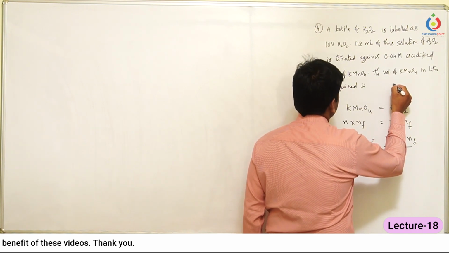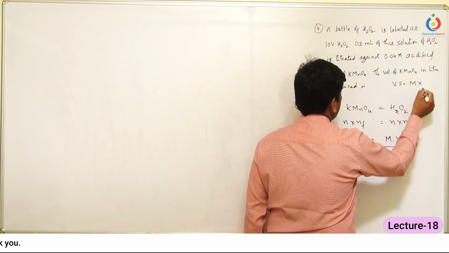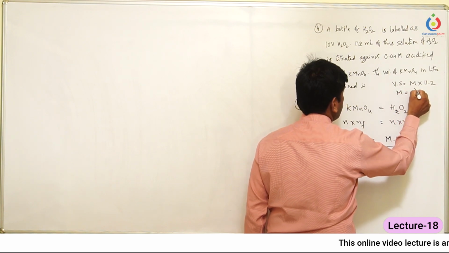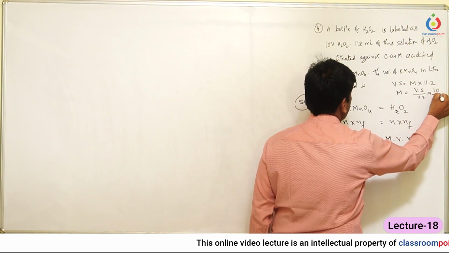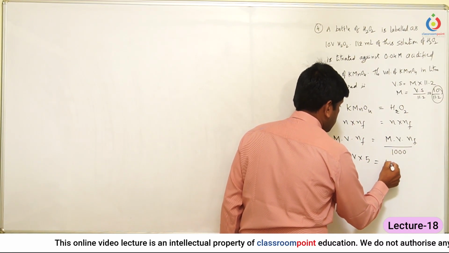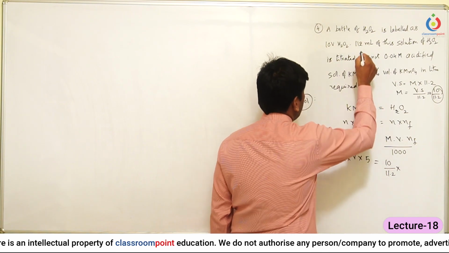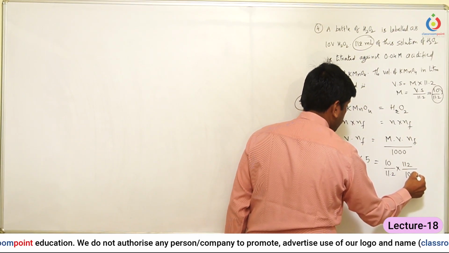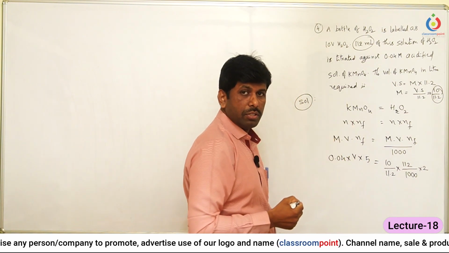Here the volume strength is given. Volume strength equals molarity into 11.2, so molarity equals volume strength by 11.2, which is 10 divided by 11.2. This value is substituted here: 10 divided by 11.2 into volume, that is 112 ml divided by 1000, into the n factor of hydrogen peroxide, which is 2.